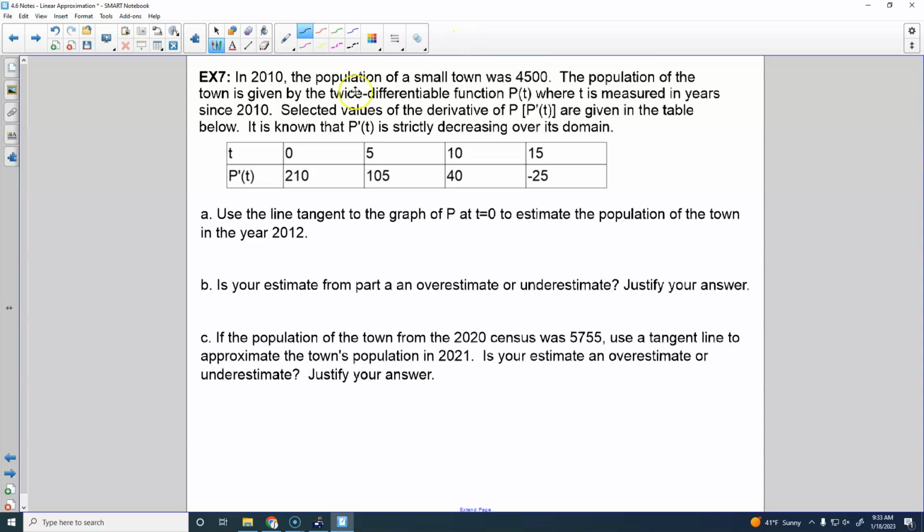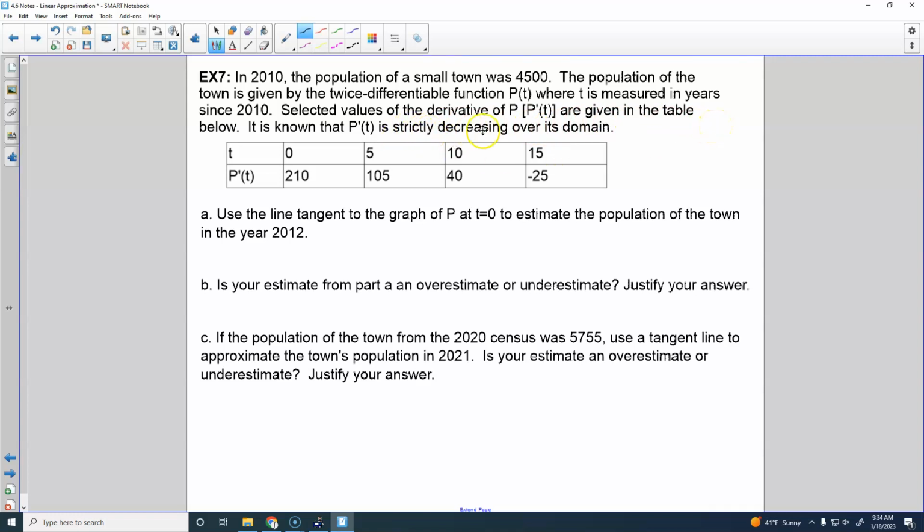So, in 2010, the population of a small town was 4,500. The population of the town is given by the twice differentiable function p of t, where t is measured in years since 2010. Selected values of the derivative, p prime of t, are given in the table below. It is known that p prime of t is strictly decreasing over its domain.